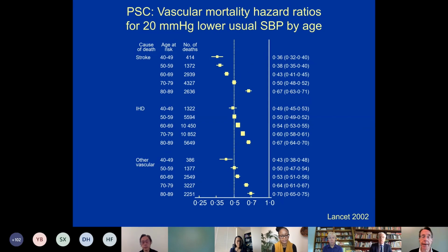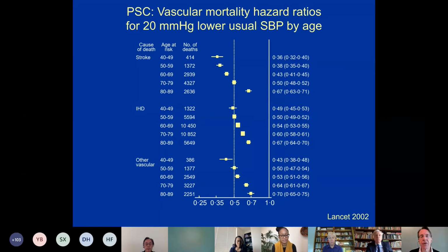And within any age group, again, because it's log linear, the same absolute difference in blood pressure is associated with the same proportional difference in risk. So the interpretation that the curves are flatter at older ages, and that it therefore may not be valuable to lower blood pressure at older ages, fails to take into account the fact that the people are at higher absolute risk and therefore will actually get a bigger absolute benefit from lowering their blood pressure by the same amount as in a younger individual.